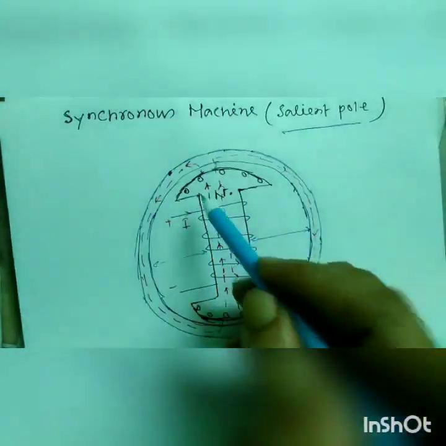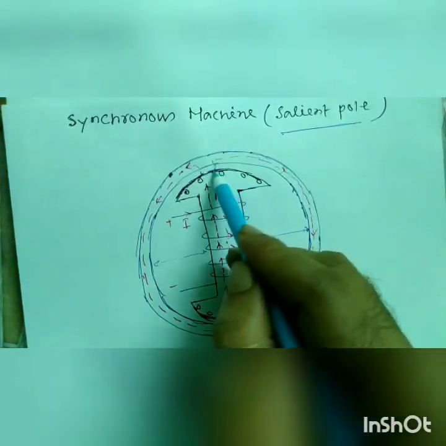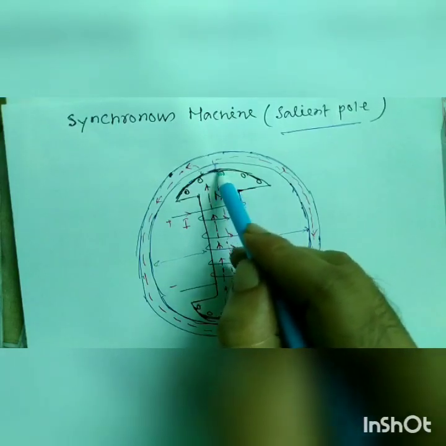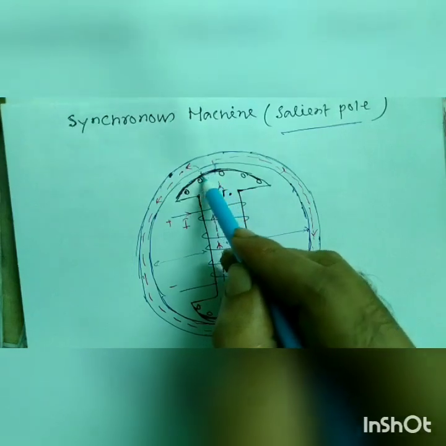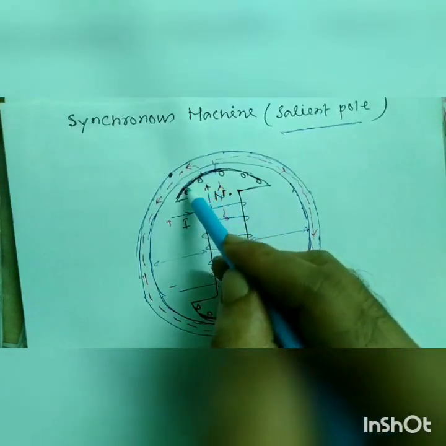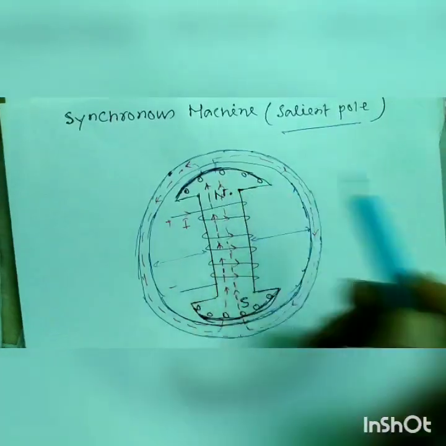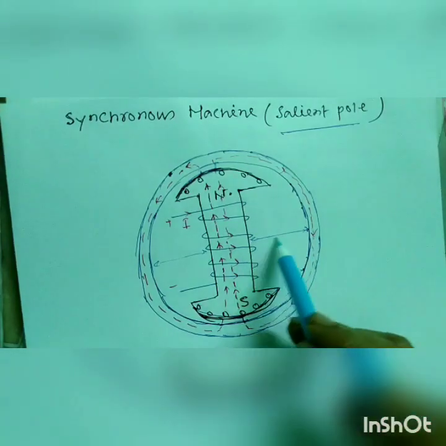Just note that at the pole center is the minimum air gap. If we go from here to here, the air gap will increase. Similarly here also, here will be minimum air gap and here is maximum air gap.